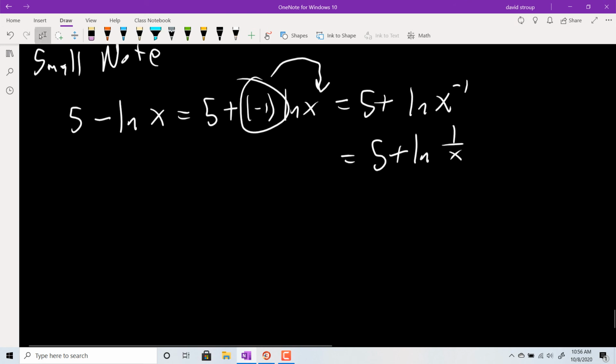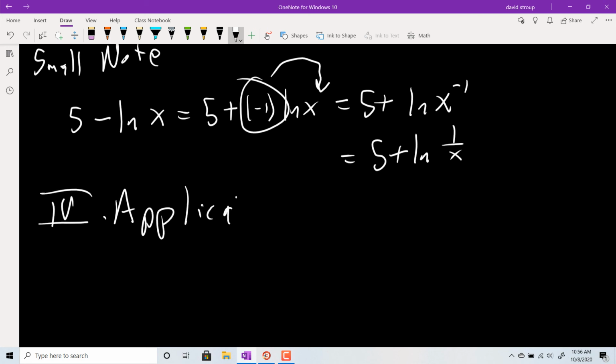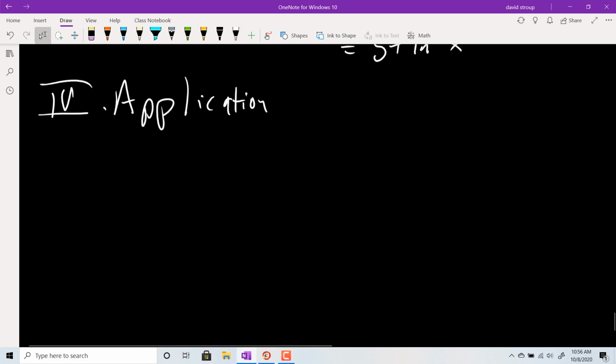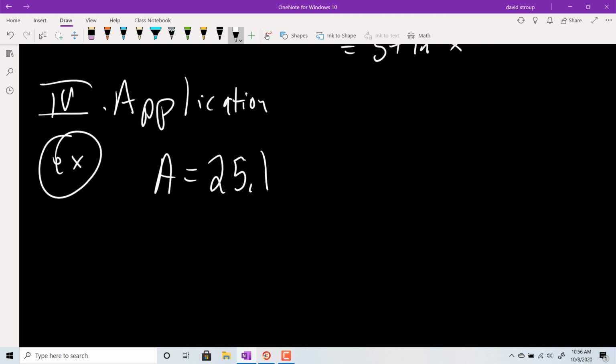Anyways, let's look at one sort of application. Exponentials and logarithms come up in mathematical modeling, when you're working with spread of diseases, growth of populations, radioactive decay, all that good stuff. So in this example, they give you a formula, A equals 25.1 e to the 0.0187 t.